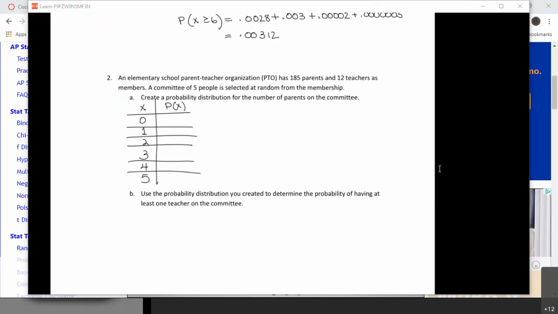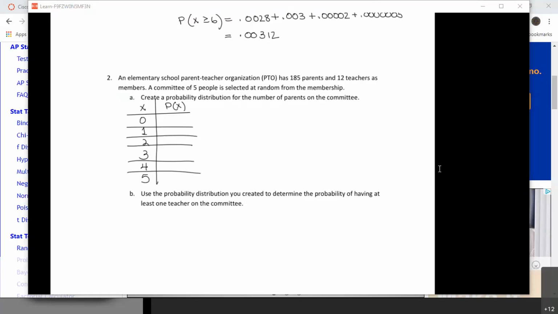You're pulling people out of the pool. Yes, okay. So Chelsea's saying it's hypergeometric because you're picking people once, pulling them out of the pool, and once you do that, you change the probability for the next draw. Okay, so not binomial, hypergeometric.